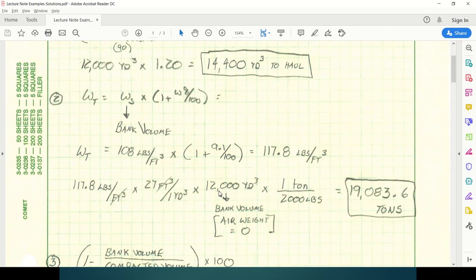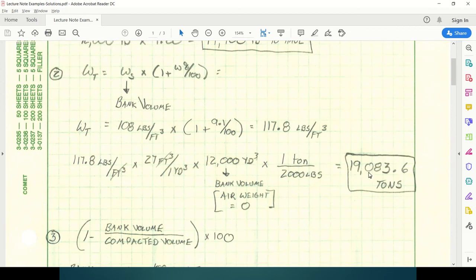So remember, we're always going back to bank volume. Air weight equals 0, and 1 ton equals 2,000 pounds. So basically, I'm going to haul out 19,083.6 tons.